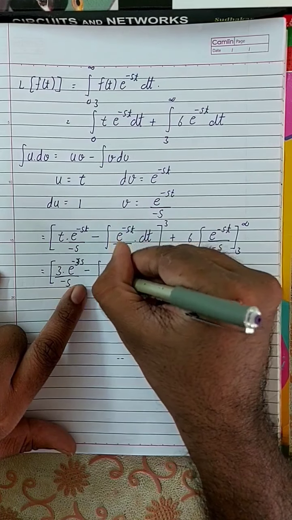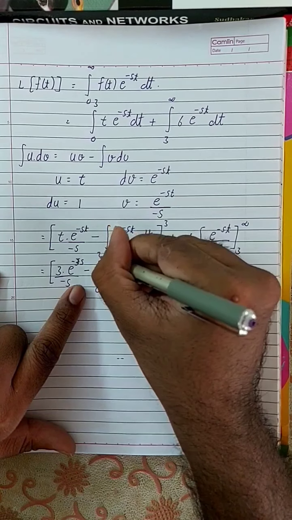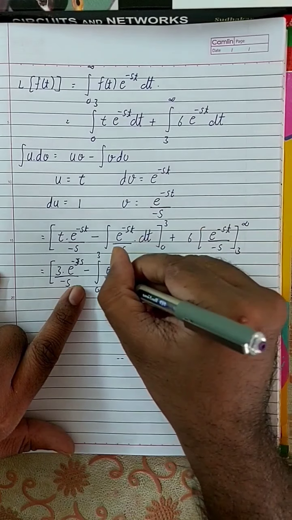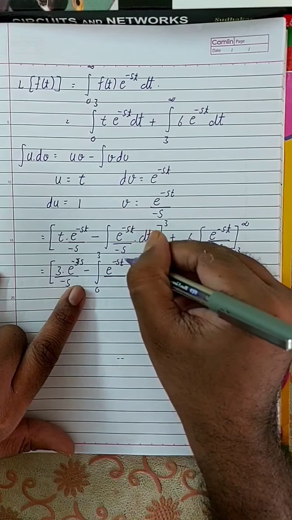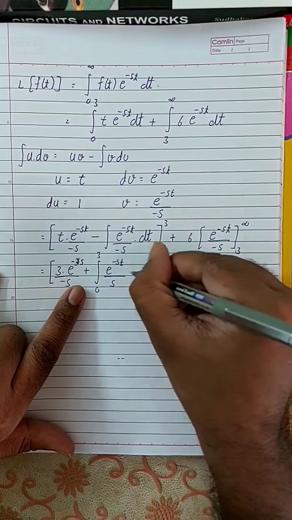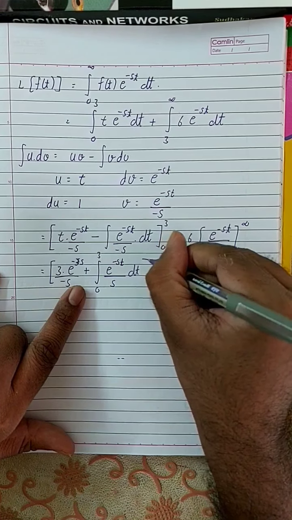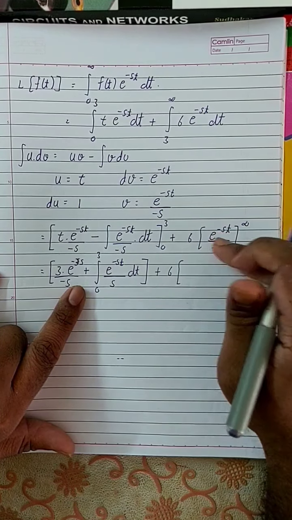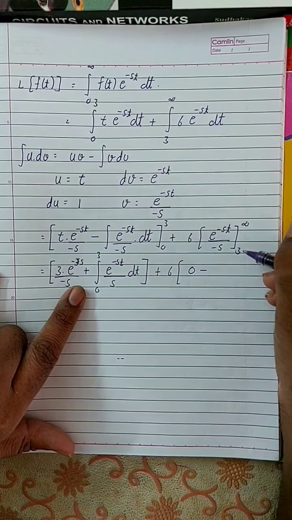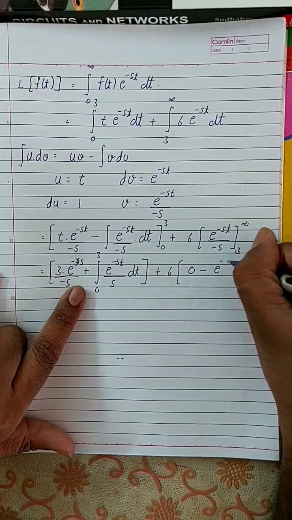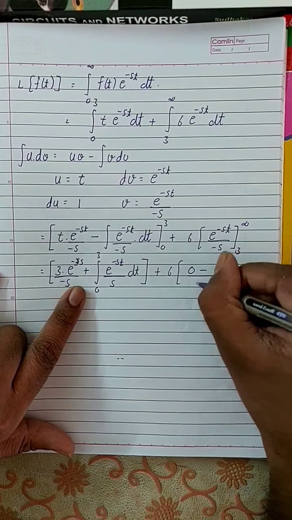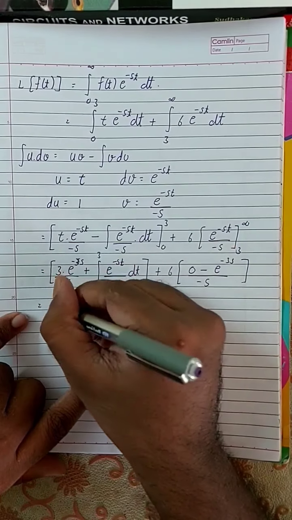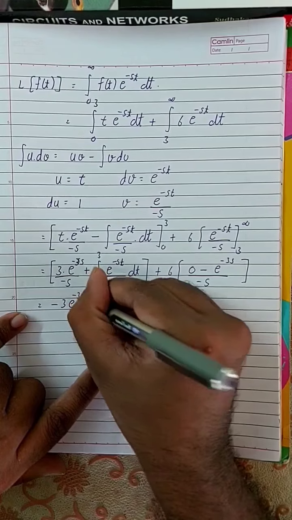Minus integral from 0 to 3 of e raised to minus st, and minus or minus becomes plus, so I can make this plus s dt. Plus 6 into, if I put infinity this will become 0, minus, and if I put 3 it will become e raised to minus 3s by minus s. That is nothing but minus 3 e raised to minus 3s by s.